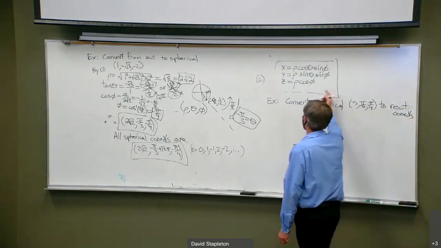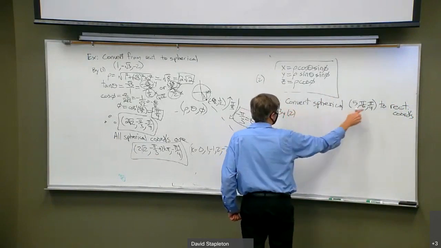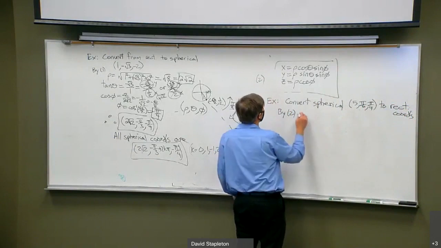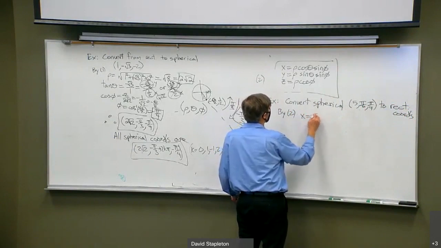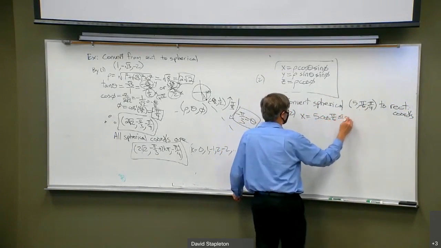Now it's just directly by equations too. There's no doubt in this. And when you get these angles that are special, you want to compute them exactly. X is equal to rho, 5, times cosine theta, pi over 6, times sine phi, pi over 4.